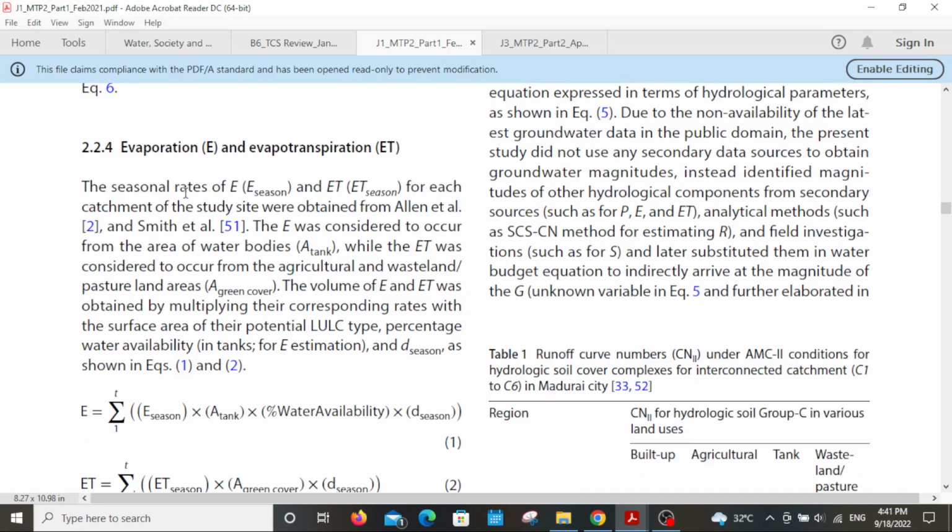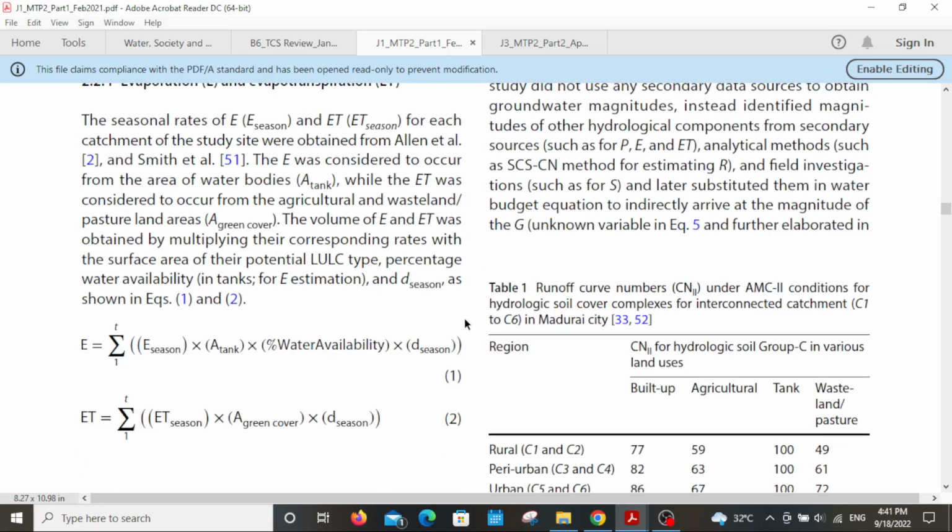Subsequently, we also identified evaporation and evapotranspiration, for which we use these two equations. In general, this equation provides us the total evaporation, and here we are estimating evaporation for each season.